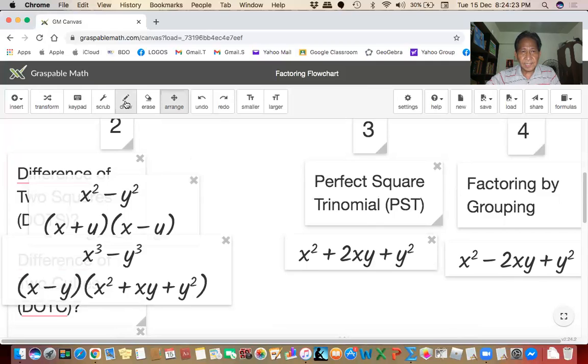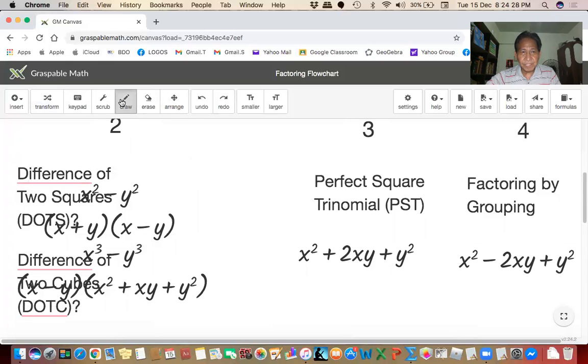So this is how you test the perfect square trinomial. You get the square root of the first term. You get the square root of the last term, so that's y. Multiply them together, so you get xy, and then double the product. So multiply all this together, so that's 2xy.